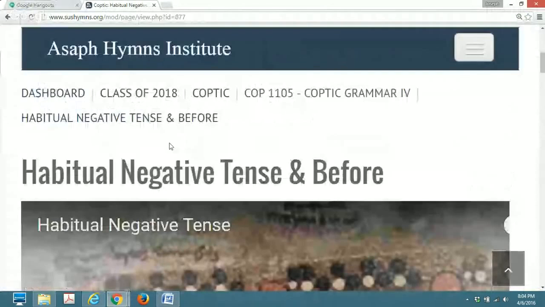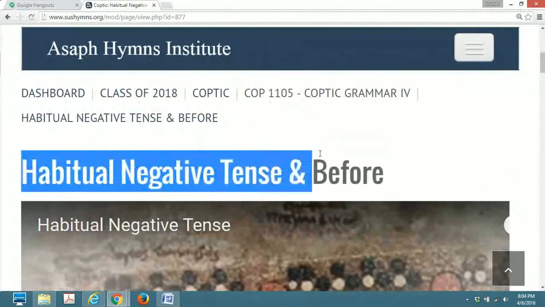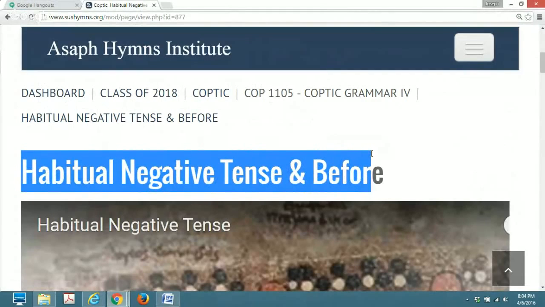So this week's lesson, we're going to be studying several tenses. We studied the habitual tense, but today we're going to study the negative of that. We're also going to study a certain verb tense that means before or not yet, and we'll go over that.